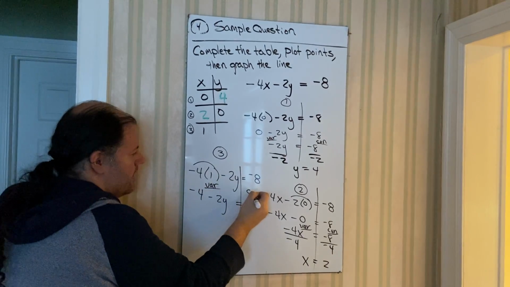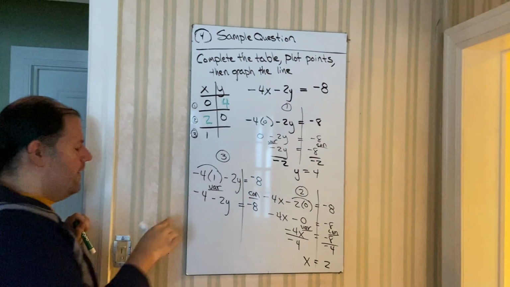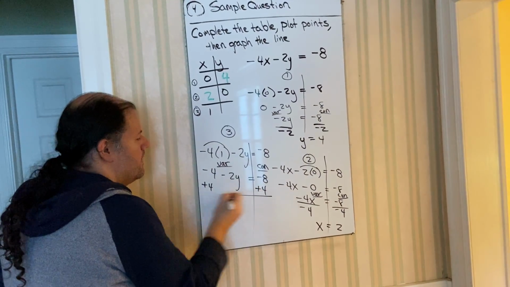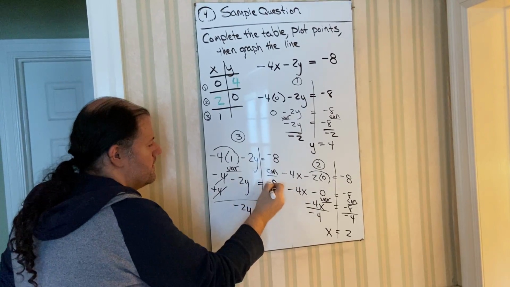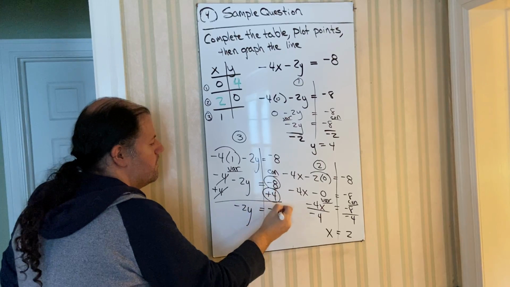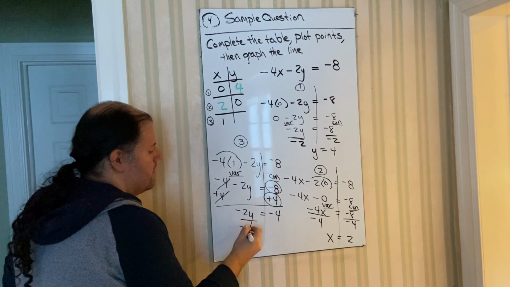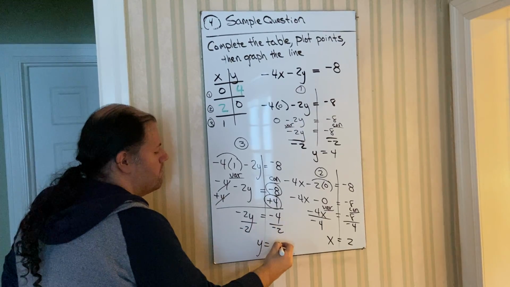Variables on one side, constants on the other, so we will have to move this 4. Opposite would be add 4 to both sides. So then I get -2y equals -8, +4 would be -4. Divide by the coefficient, and we get y equals +2.